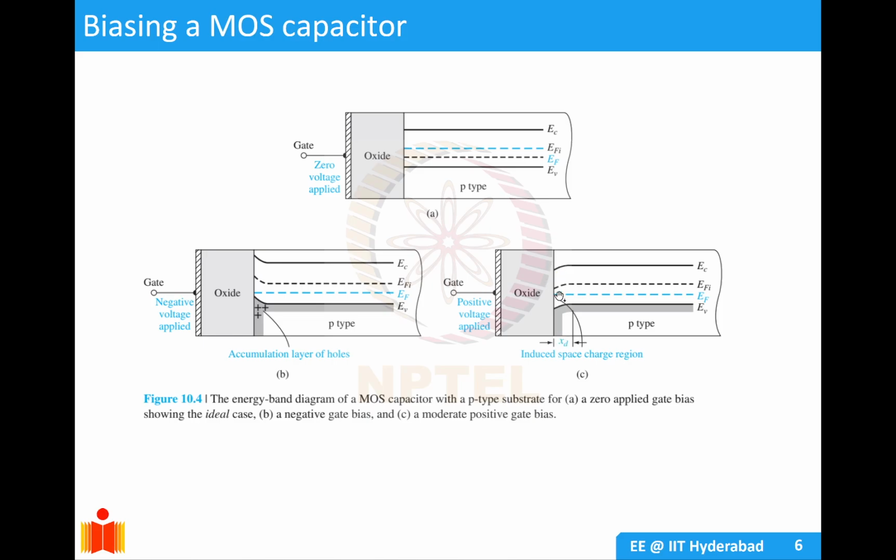You cannot accumulate electrons here, because electrons are minority carriers. Instead, this accumulation of negative charge is caused by depletion of positive charges, depletion of your holes, and hence this creates a space charge region with width XD.